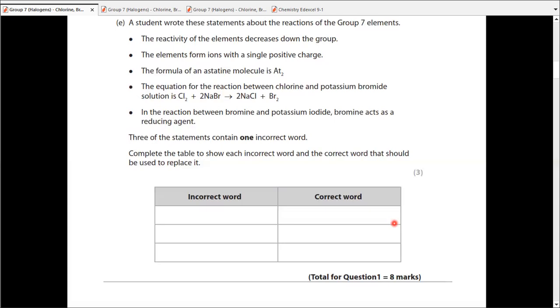Sir, it should be molecules. No, it's fine. There's no problem with this word. Sir, is there no error in the statement? There is nothing wrong with the statement.